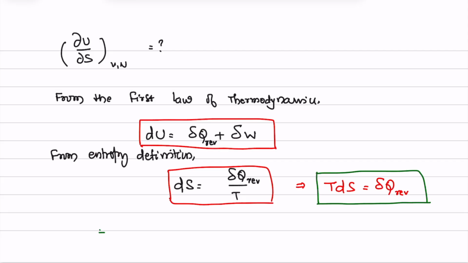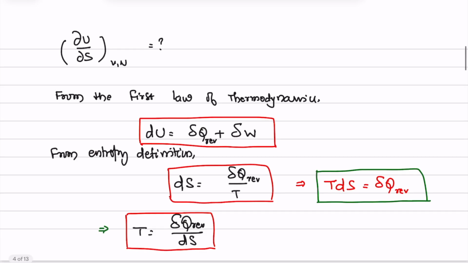This represents T is equal to δQ reversible by dS. Are you able to follow this? Please try to follow them.